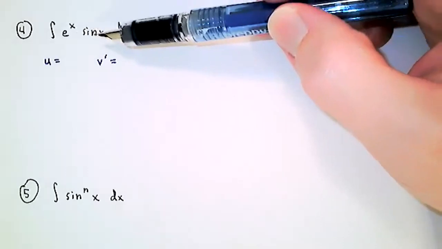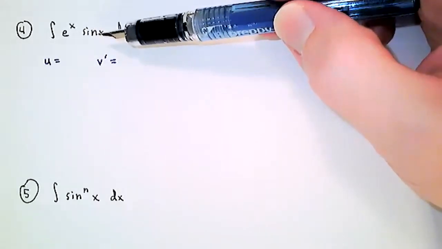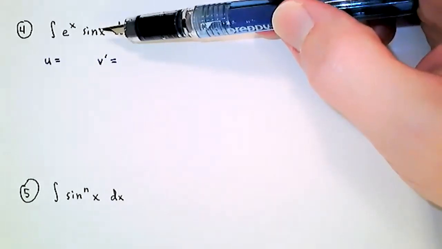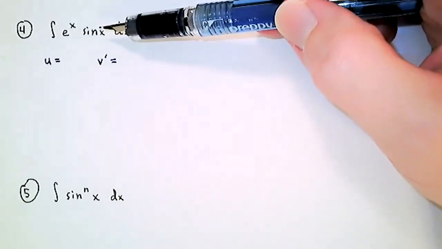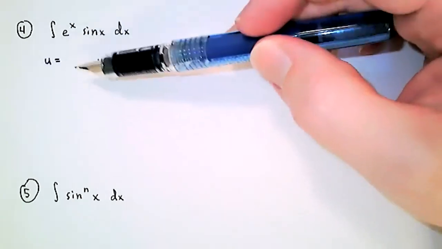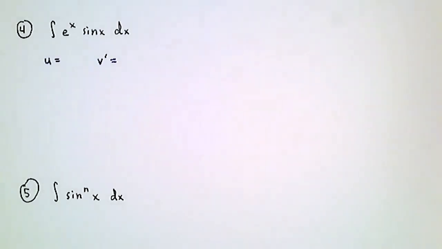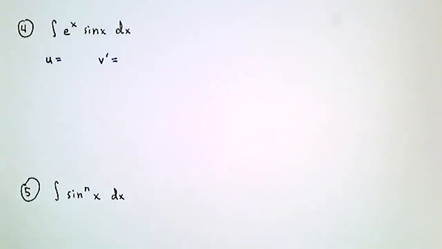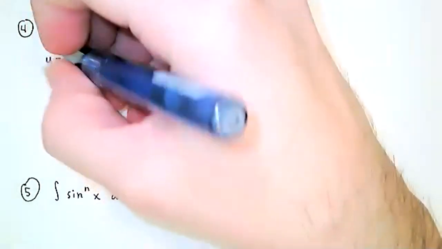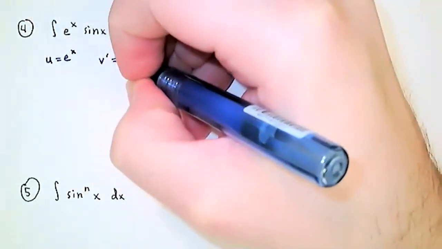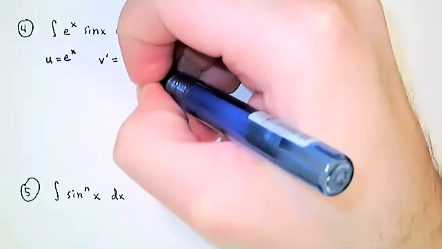And then the derivative of sine is cosine, and its antiderivative is minus cosine. So there's not really a great deal of difference between these two as far as their derivatives and antiderivatives go. So we just have to make a choice. I'm just going to go left to right in my choice. I'll say e to the x is u, and v prime is sine x.